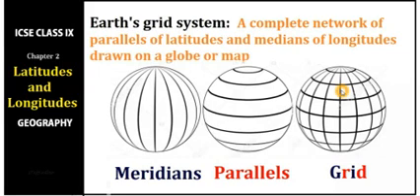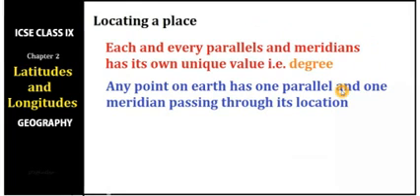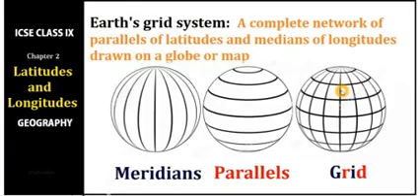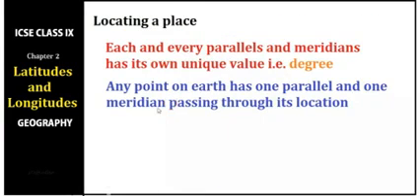Let us now go into locating a place on the Earth. Each and every parallel and meridian has its own unique value, that is, its degree or angular distance from the center point of the Earth.